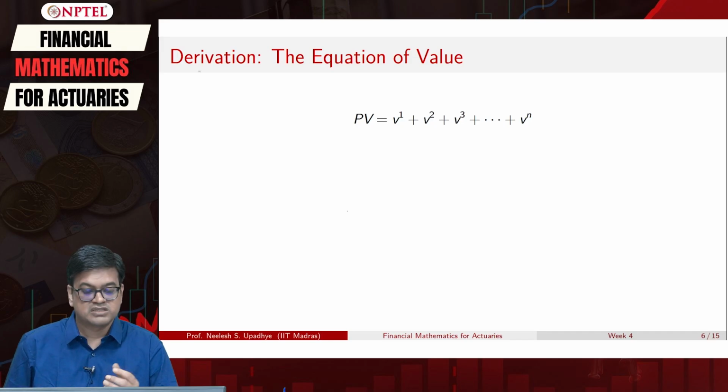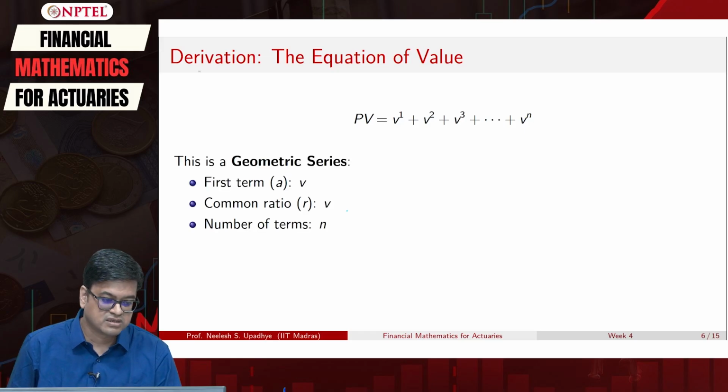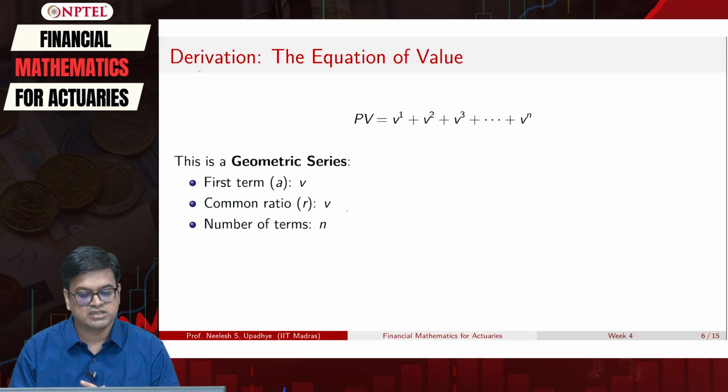Once this is clear, it is just a matter of identifying what kind of series this is. This is a geometric series where the first term is V, the common ratio between two successive terms is V, and how many terms are there? N terms are there.